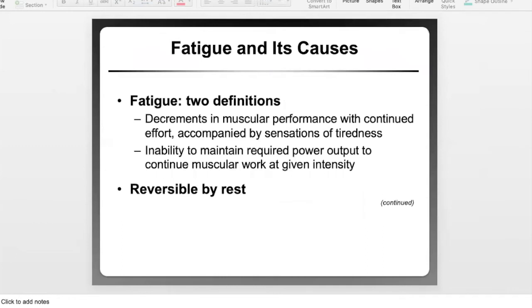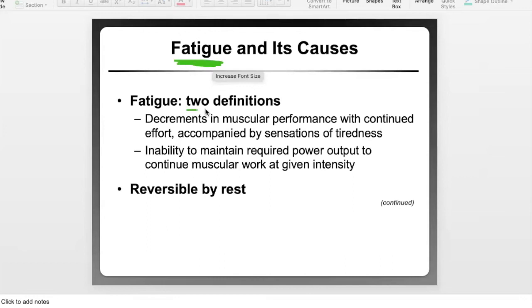All right, now the chapter takes a little bit of a turn away from talking about energy expenditure and how to measure energy expenditure, and it starts to go into a discussion of fatigue and what the causes of fatigue are. As the beginning of the chapter implies, some fatigue is caused by lack of energy, but other fatigues are caused by obviously other mechanisms.